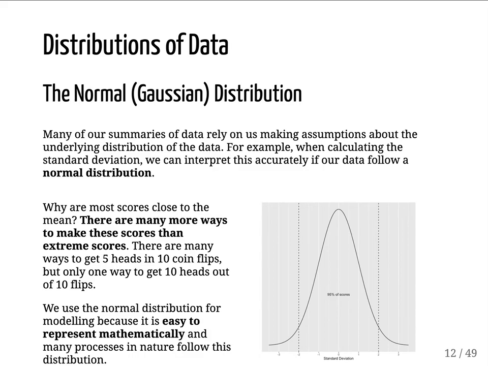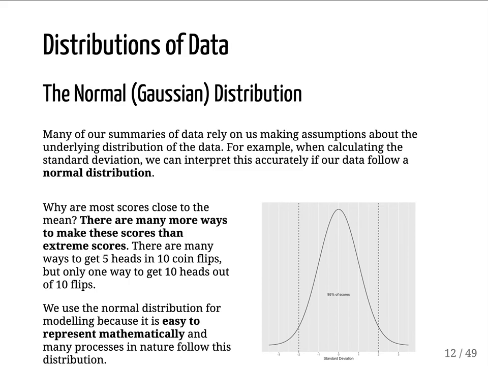Or I might get 2 heads, 2 tails, 2 heads, 2 tails, and on and on. Or you can randomly shuffle these in some way, but there are so many different ways, using these 10 coin flips, that I can produce 5 heads. So this is why this is the most common measurement for me to get if I'm looking at these 10 coin flips, essentially.